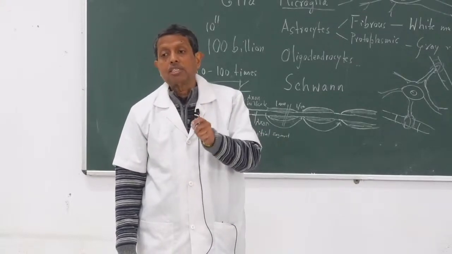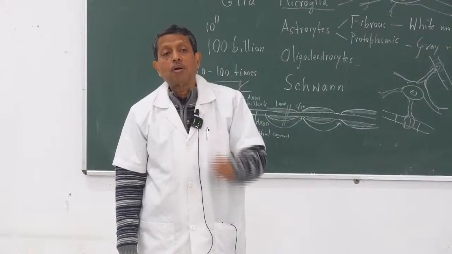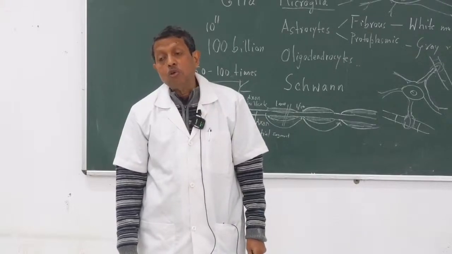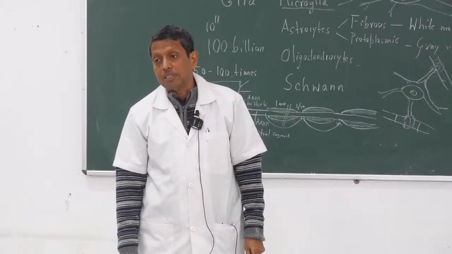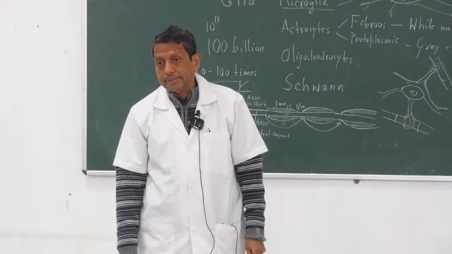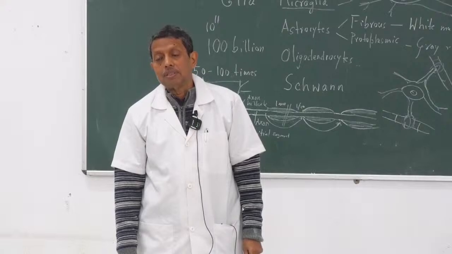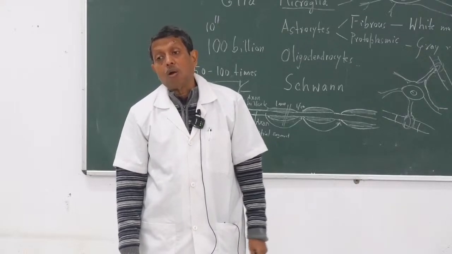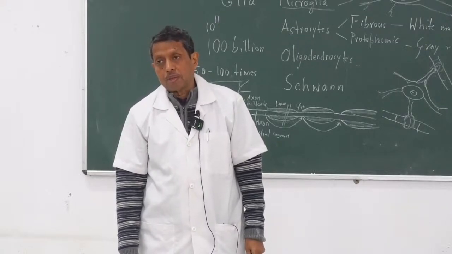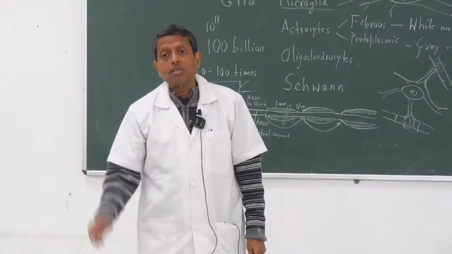Autoimmune destruction is also responsible for neuropathies, multiple sclerosis or disseminated sclerosis. And in that case, there is a loss of myelin. And whenever there is loss of myelin, there are defects in conduction.